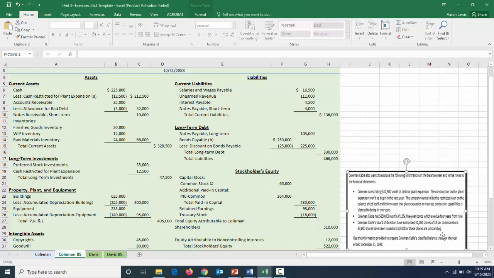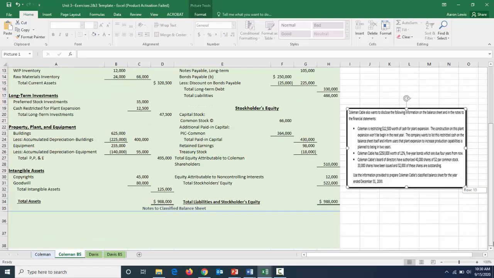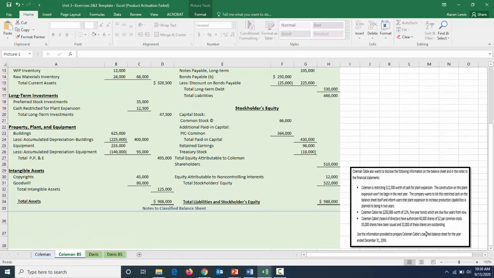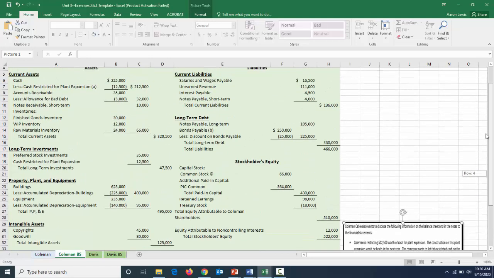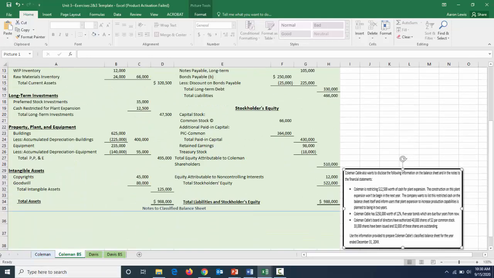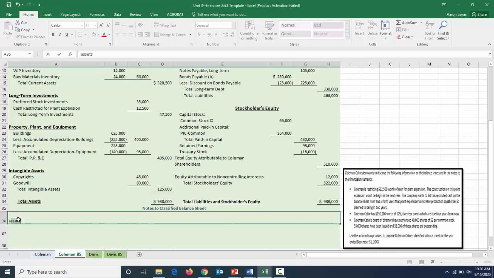And I'm going to drag this information right down so we can look at it while we're filling in our notes. So, note A that we had up here was due to our restricted cash. So let's go fill in our notes with an A. And we got to let people know what we have.